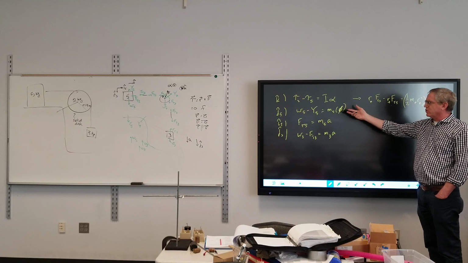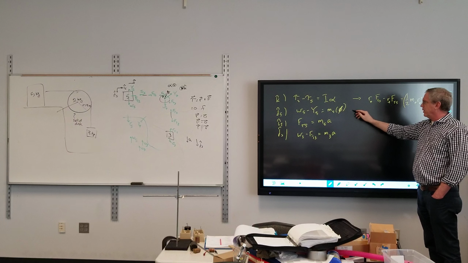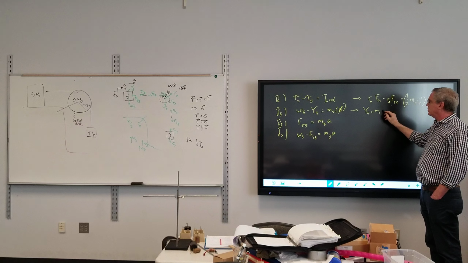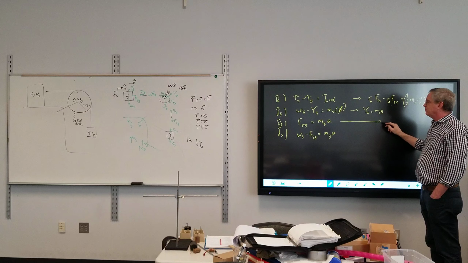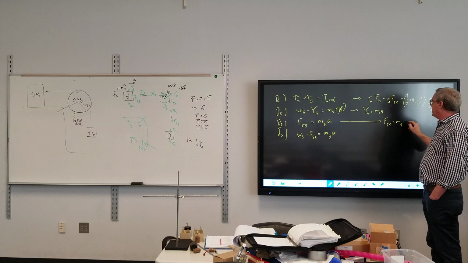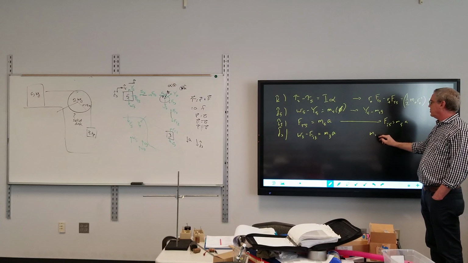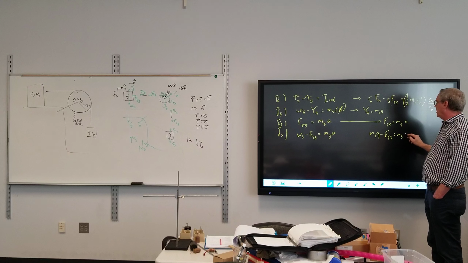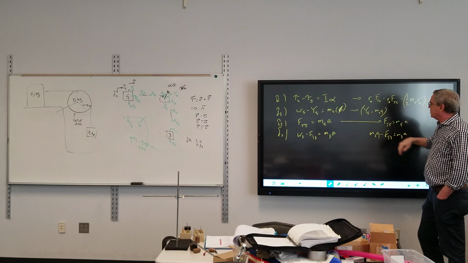This equation, since there's no friction, is not going to do anything, but if you had to, y5 is equal to m5g. This one, ft5 is equal to m5a, and then m3g minus ft3 equals m3a. So that equation is not going to matter.